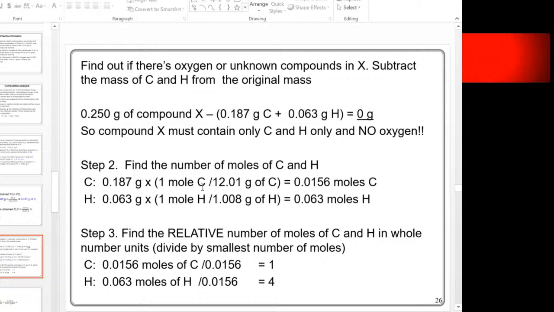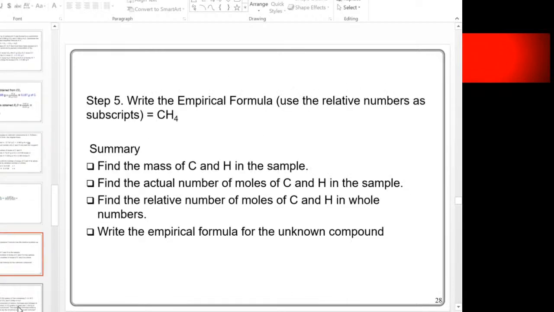Now that we have the moles, you have to determine the mole ratio. Look at the smaller number of moles and divide it throughout. The smaller number of moles here is 0.0156. So 0.0156 over 0.0156 gives 1. Then 0.063 divided by 0.0156 gives 4.